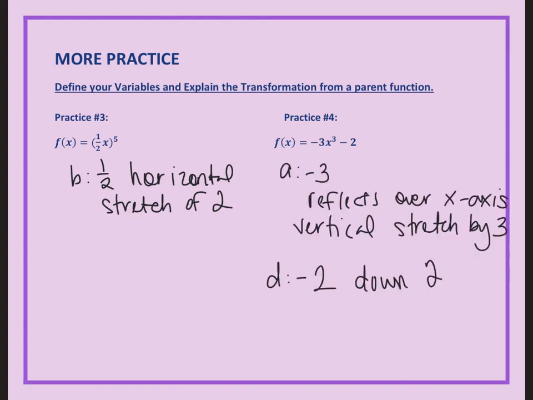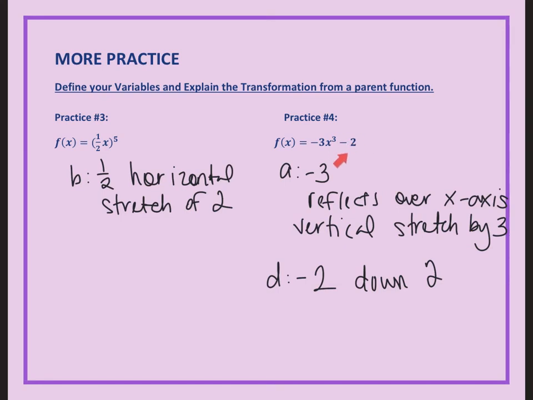Okay, go ahead and check your work here. So this A value is -3. We know it's an A because it's not inside the parentheses. So that negative causes a reflection over the x-axis. And because it's a 3, that 3 is a vertical stretch of 3. Now that -2 here, be careful, that is not your C value.